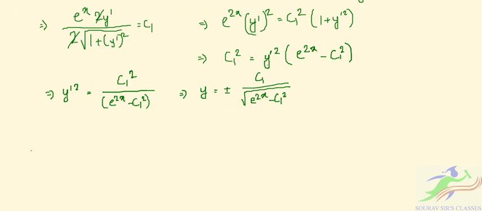If we take c1 over here, it is plus minus 1 by root over e to the power 2x by c1 square minus c1 square by c1 square, which cancels out, so we just keep it as 1.